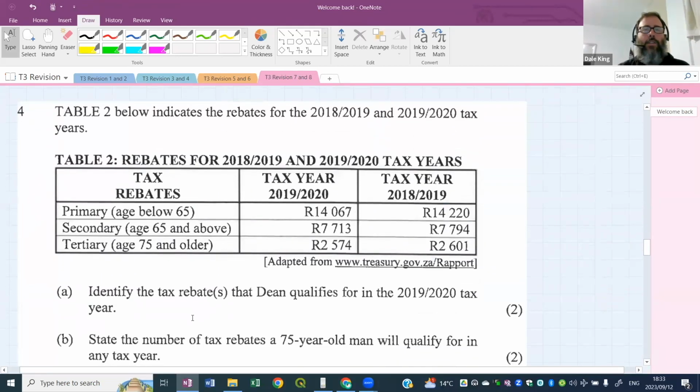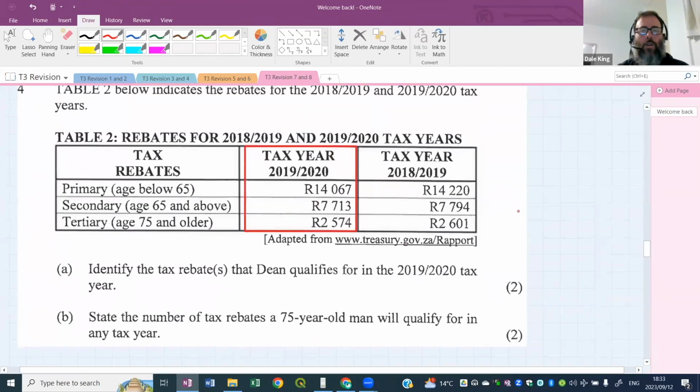Table 2 below indicates the rebates for the same tax tables. We've got the 2018-2019 one, and then the one that we are using, the 2019-2021. So for this tax year for Dean, he's working with these rebates here. Question 1. Identify the tax rebates that Dean qualifies for in this tax year. Dean qualifies for this rebate because he is 25 years old.